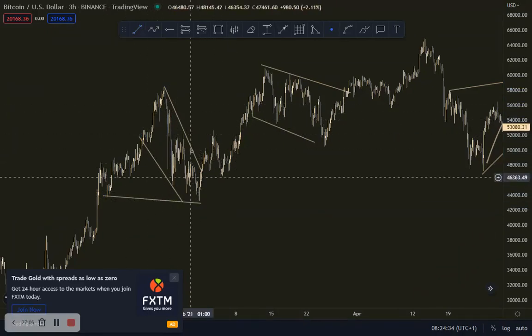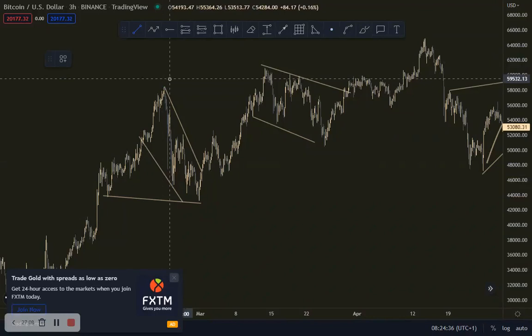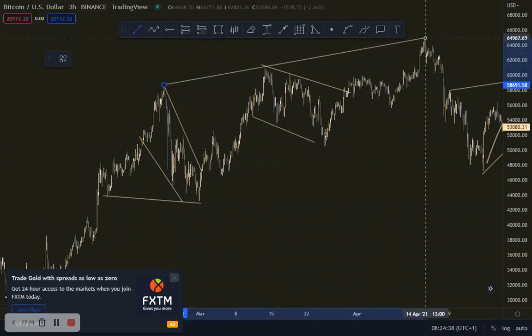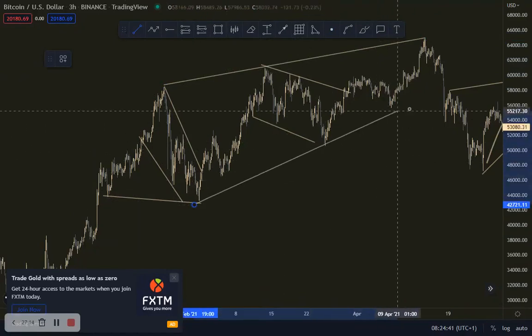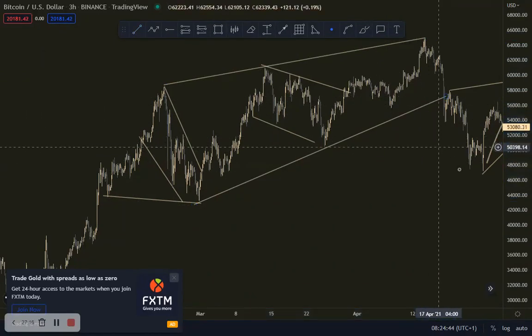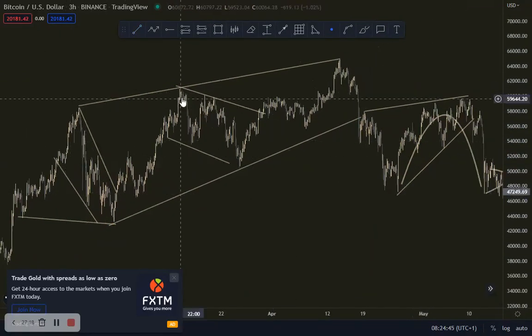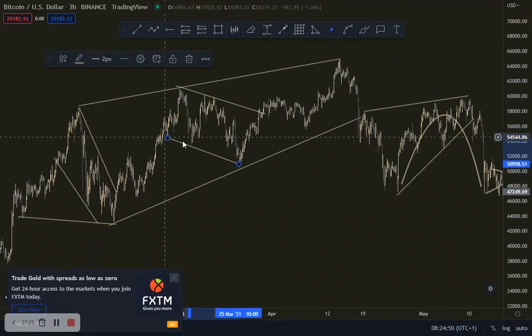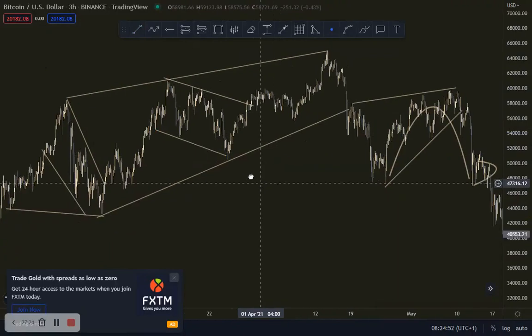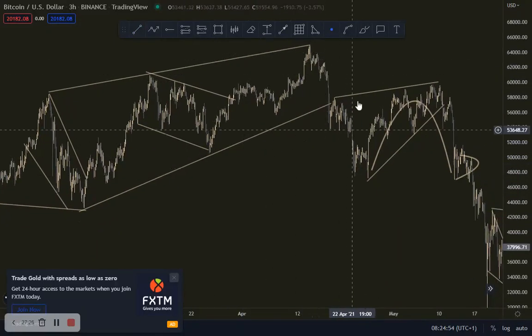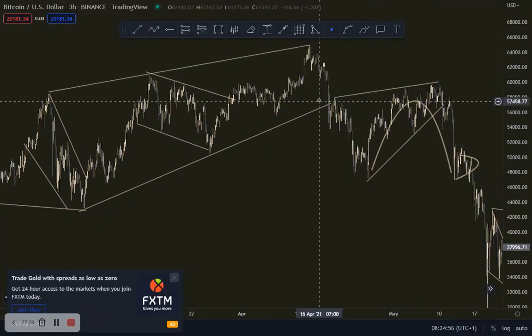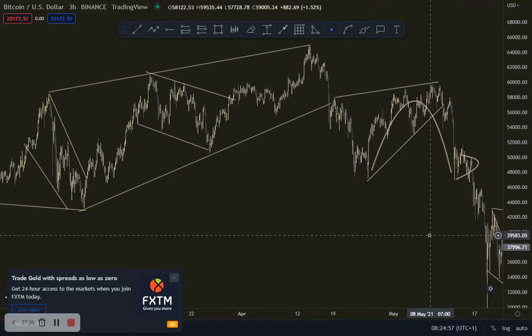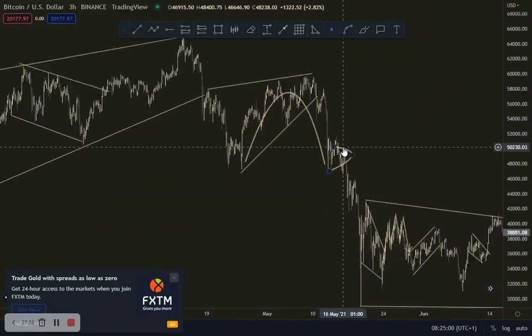This is a flag inside a wedge, right? And this is a flag and a wedge inside a channel with the trade touch. One, two, three. The flag with the trade touch. One, two, three. An impulse correction. One, two, three. Price dropped. Impulse correction. Price dropped.